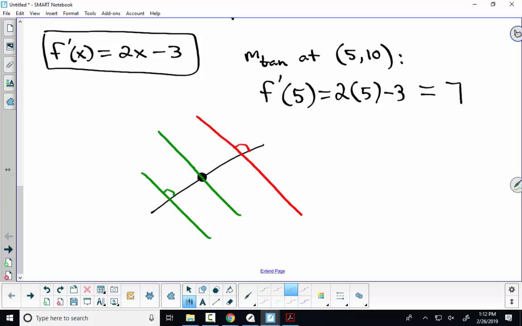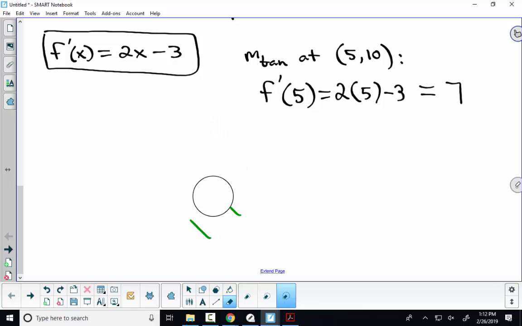There's infinitely many perpendicular lines we can construct to the tangent line. So I would assume that they would want us just to construct the normal line at the given point, (5, 10). So I would just use the point (5, 10).